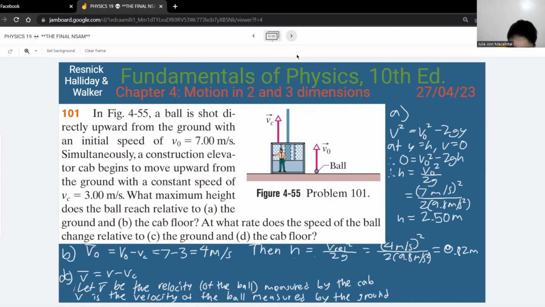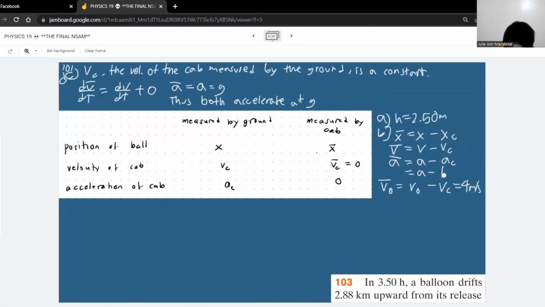Balik punta tayo sa next slide mo. Di ba we have A minus AC. So if the acceleration of the ball as measured by the ground is 9.8, ano yung A bar? A bar is 9.8 minus 1.